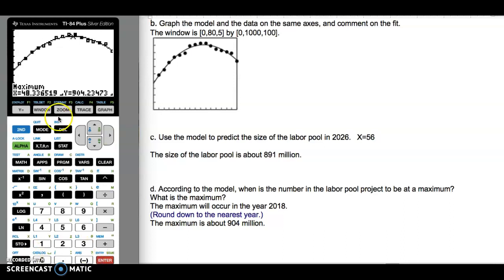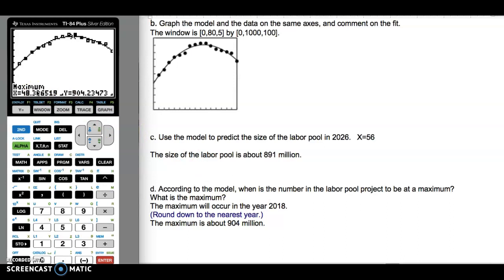And so the maximum is 48 as the X value, and 904 as the Y value. Well, the X value, 48, they actually want the year here. The maximum will occur in the year 2018 because remember, X represents the number of years after 1970.